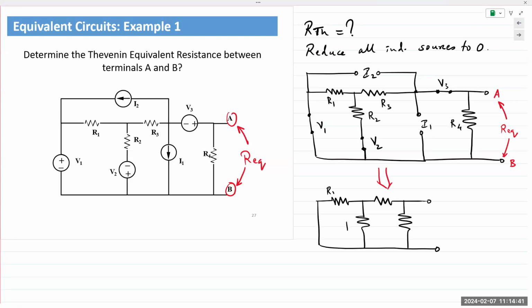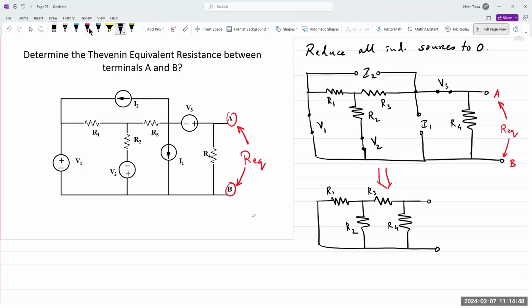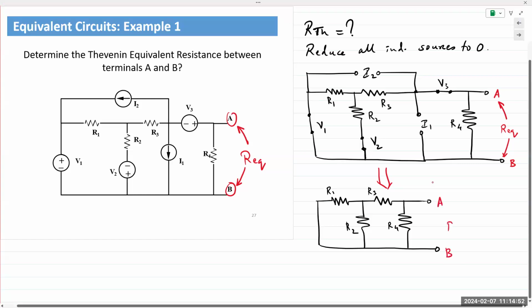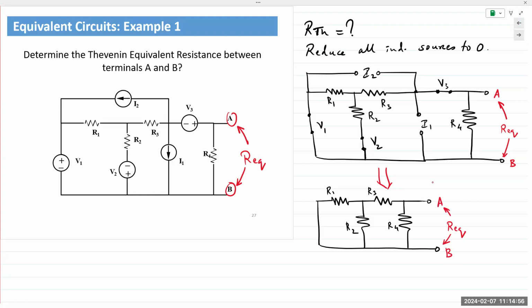Either one is fine. R1, R2, R3, R4, terminals A and B, and we need to find REQ between those terminals.